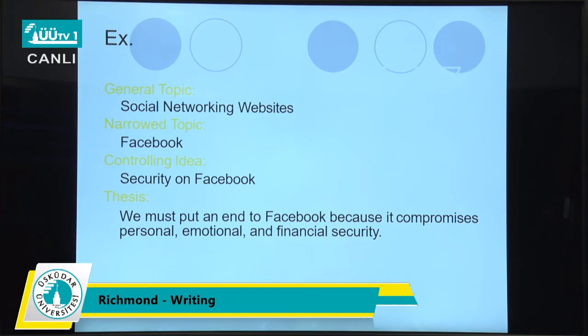Again, here we have an argument. We give our opinion. We say we must put an end to Facebook, and we give our reasons because it compromises personal, emotional, and financial security. And here our controlling idea is security on Facebook.